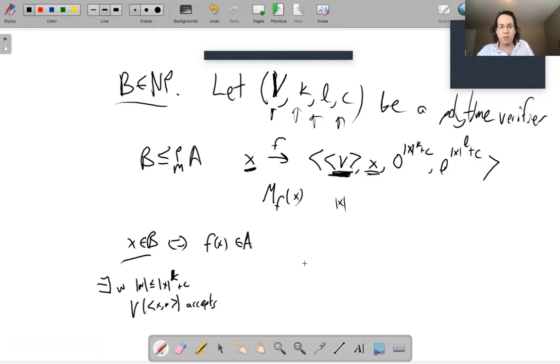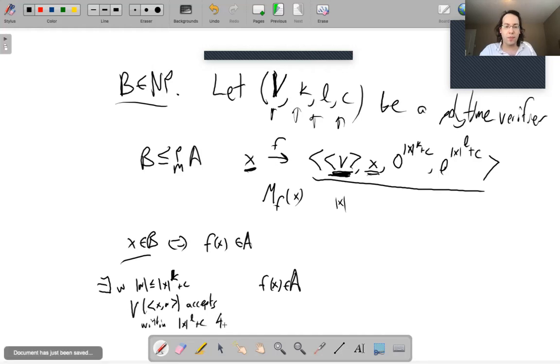By definition, f of X is in A. That's just the definition of what it means for this tuple to be in A. So the polynomial time verifier condition of B exactly guarantees that f of X is in A.